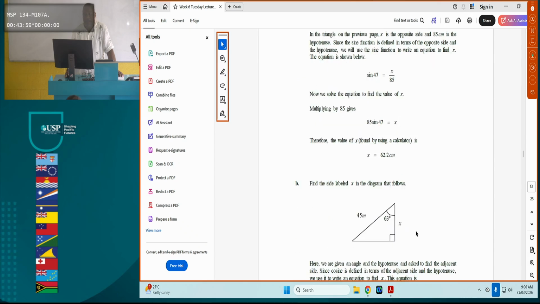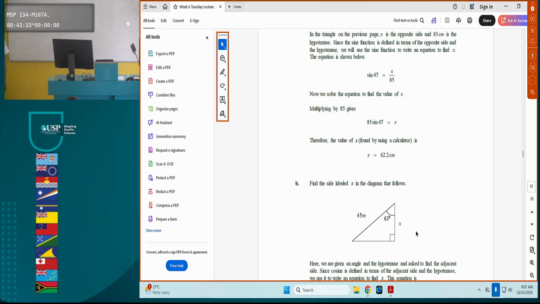In this case, an angle is involved. Which sides are we using? Which side is this? Opposite or adjacent? Adjacent. We said next to the angle. And this is hypotenuse. So A and H are used.